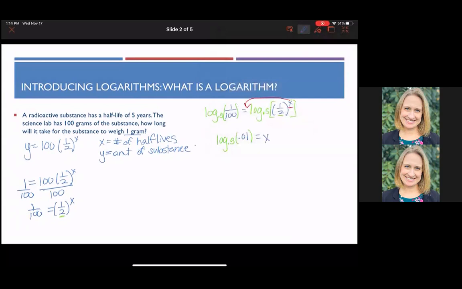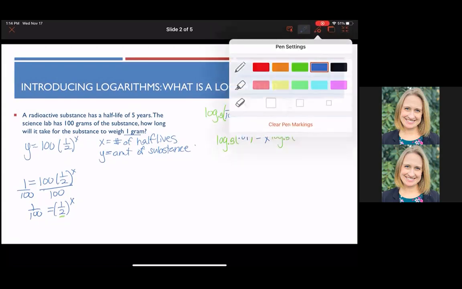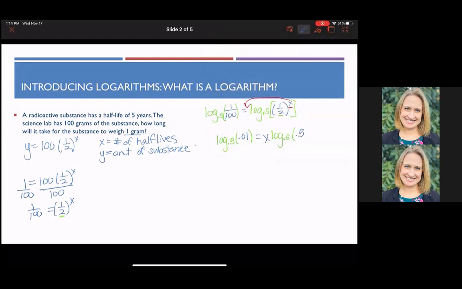And so we have x times the log base 1/2 of 1/2. And that is exactly what you want, because what we want is for this whole thing, log base 1/2 of 1/2, base 0.5 of 0.5, is 1.